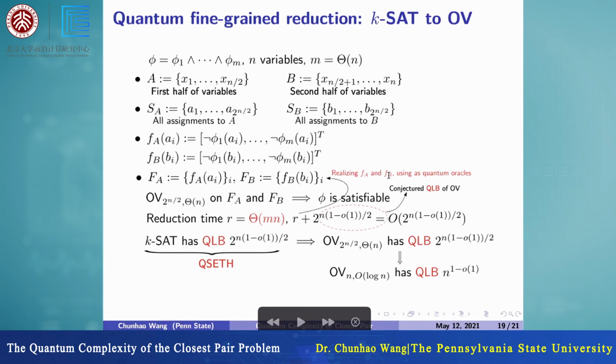Then you can query in superpositions. You don't need to compute everything. That's the significant part. Then it implies that if k-SAT has this lower bound, then orthogonal vectors has this near-linear quantum lower bound. So this assumption is exactly quantum SETH.